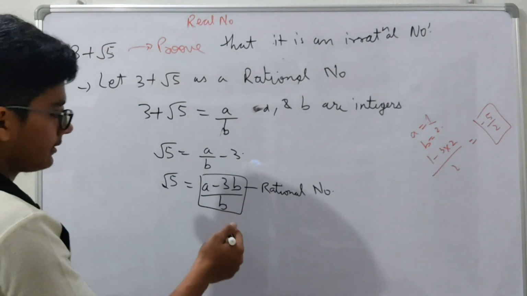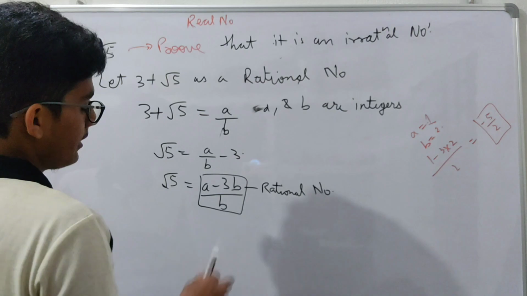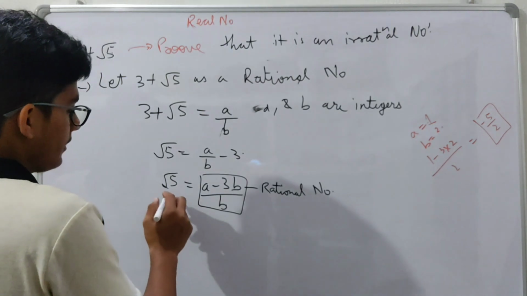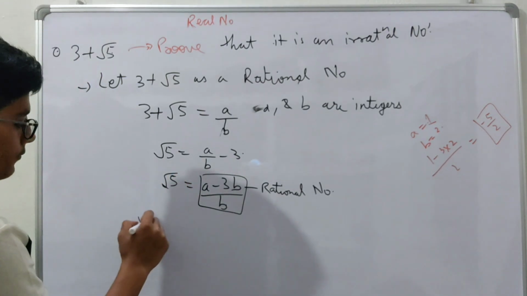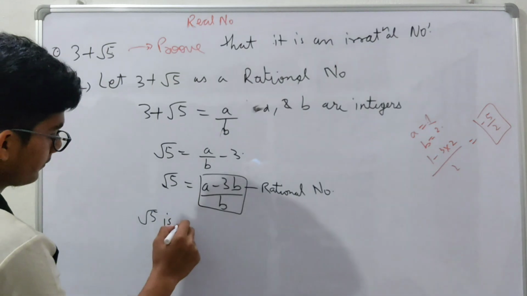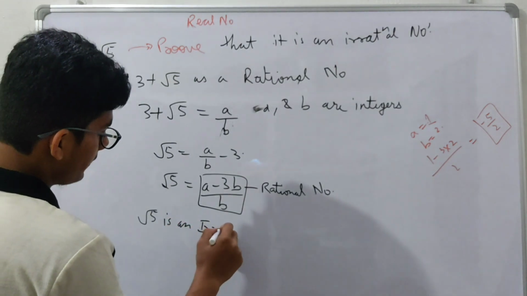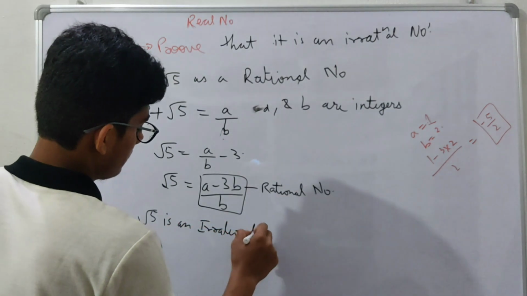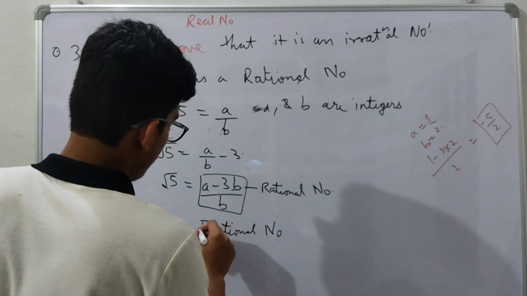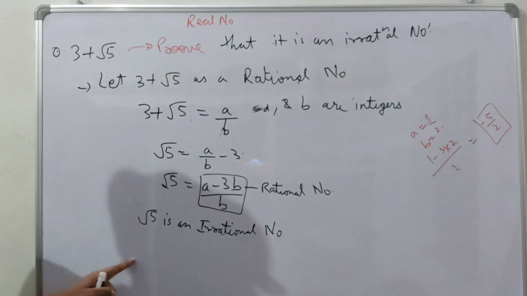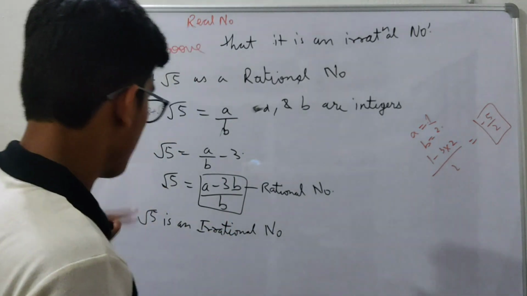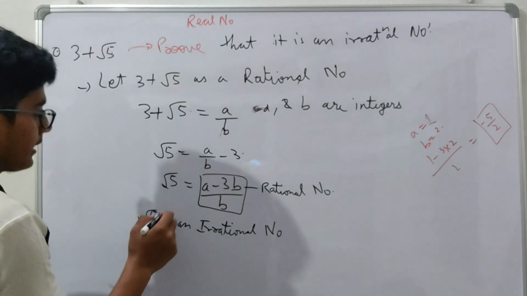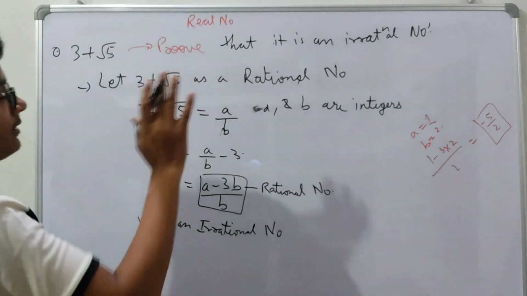So root 5 is equal to a minus 3b by b. We know that this is a rational number. But we also know that root 5 is an irrational number. So our assumption becomes wrong, that 3 plus root 5 is a rational number.